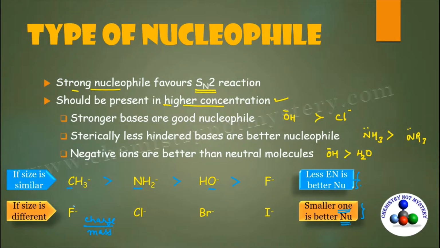So in case of fluoride, the charge to mass ratio will be higher as compared to other halide ions. So that's why fluoride will be the strongest nucleophile as compared to Cl-, and Cl- is stronger than Br-, and among them iodide is the weakest nucleophile.